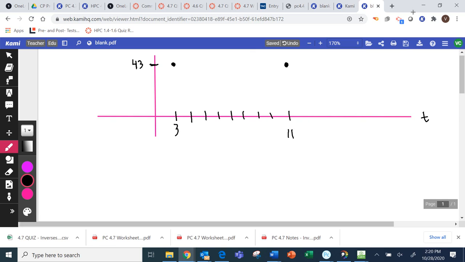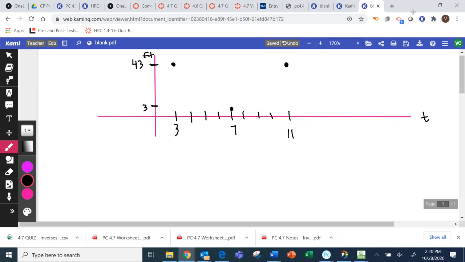So at how many seconds would she be at the very bottom? 7. And the very bottom, we already talked about, is 3 feet off the ground. Right in the middle of 3 and 7 would be our equilibrium area.